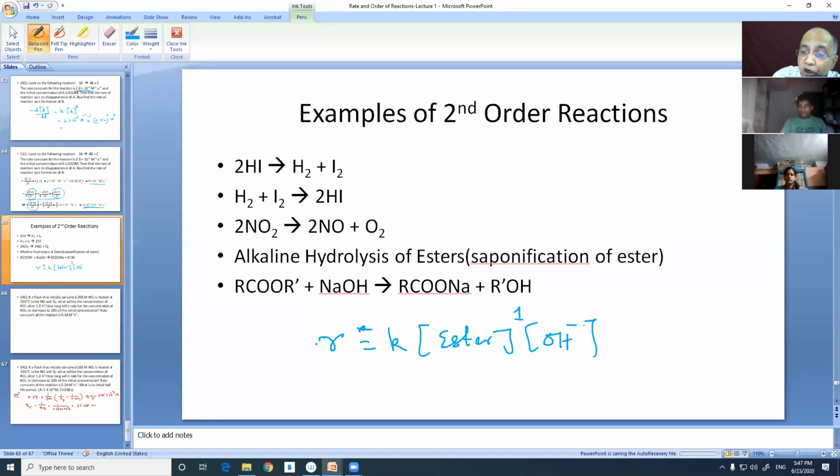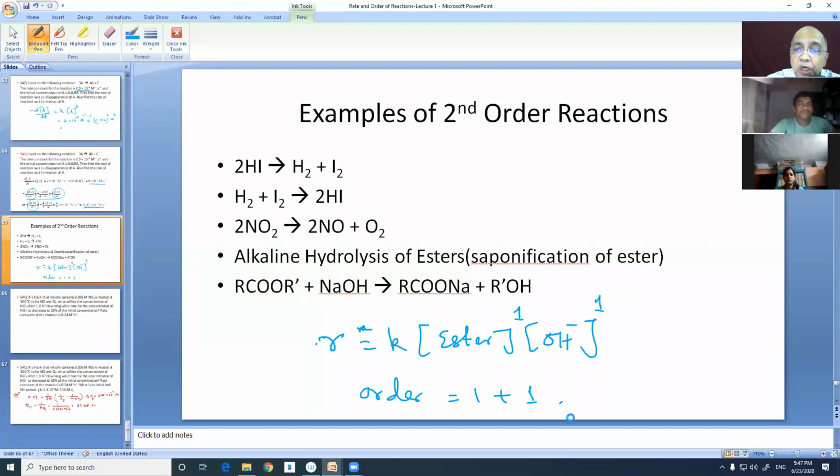So overall order is 2. If you keep ester concentration fixed, then there is a linear increase in the rate with increase in hydroxide ion concentration. If you keep hydroxide ion concentration fixed, then also there will be a linear increase in the rate with increase in ester concentration.